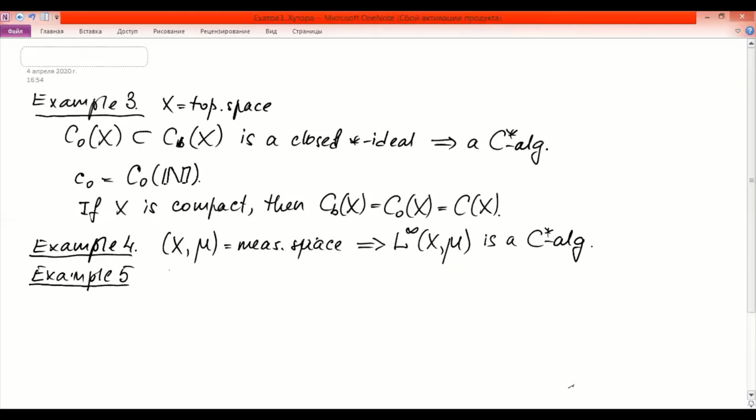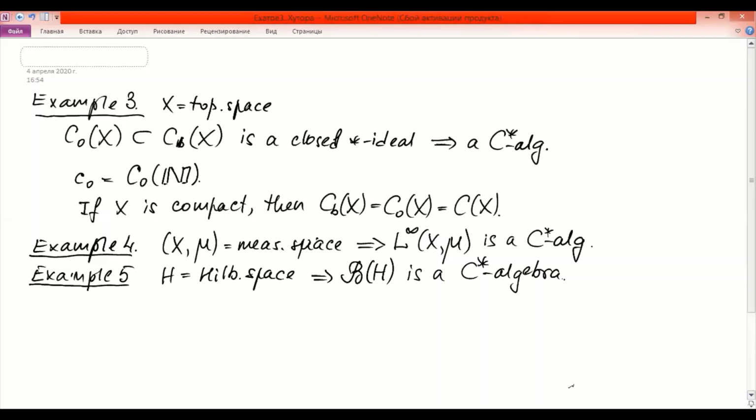So if H is a Hilbert space, then B of H, the algebra of bounded linear operators on H, is a C-star algebra. Now the involution is nothing but the operation of taking the adjoint operator.